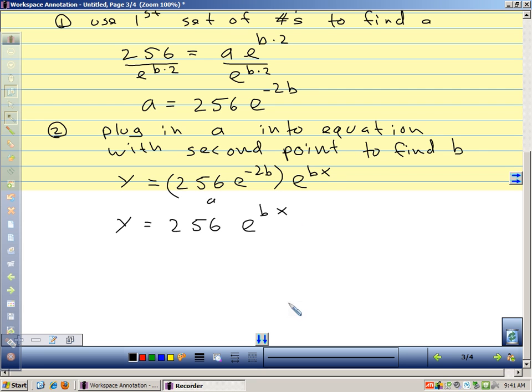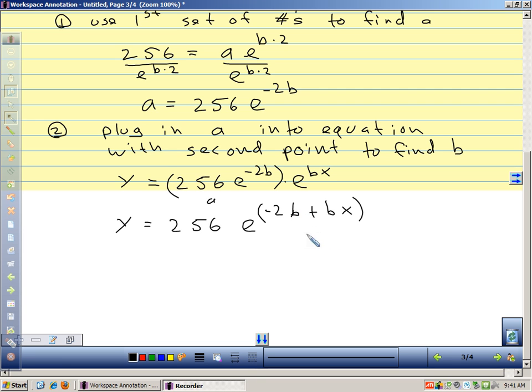Sorry, I did my addition wrong. This would be minus 2b plus bx. I'm adding the exponents. When I multiply these two numbers raised to an exponent, I add the exponents. So minus 2b plus bx.